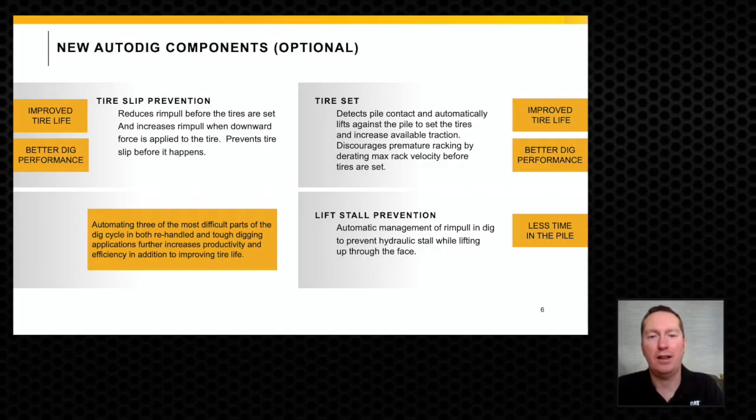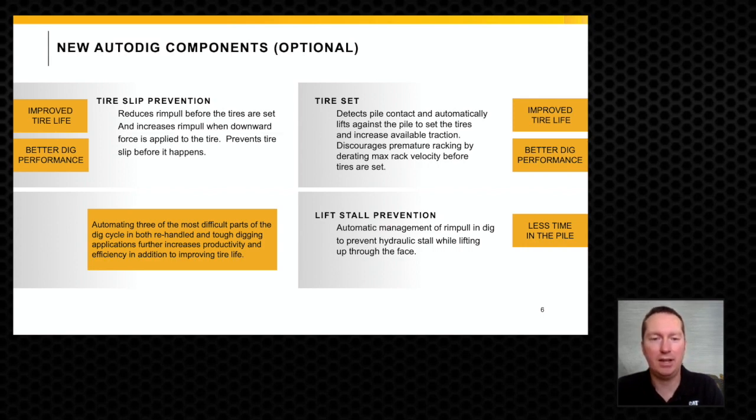This is an element I've been calling partial autonomy. The machine automatically applies the lift command at exactly the right time so that you get that available traction. Once the machine detects that traction and measures that force, that works together in conjunction with the tire slip prevention to increase the rim pull so that you have improved penetration into the pile.